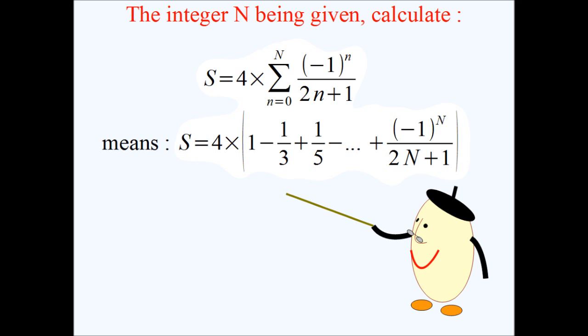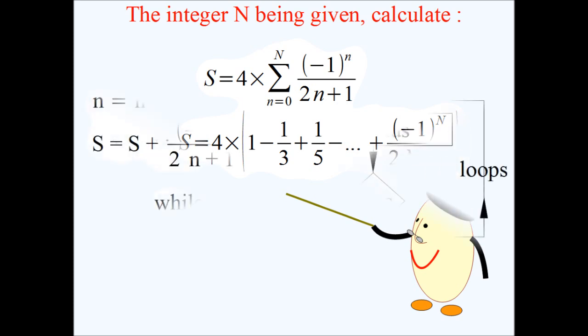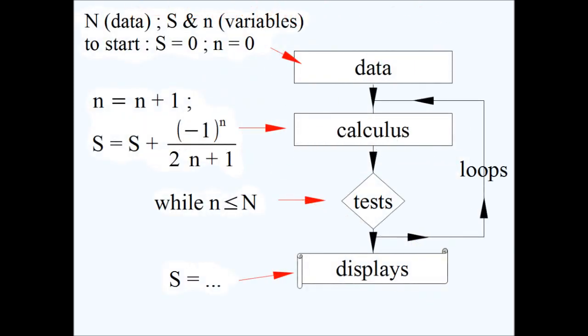So, one exercise now, and you see that this is an approx of the number pi. So you see first the data n. s and n are variables, local variables, you see.